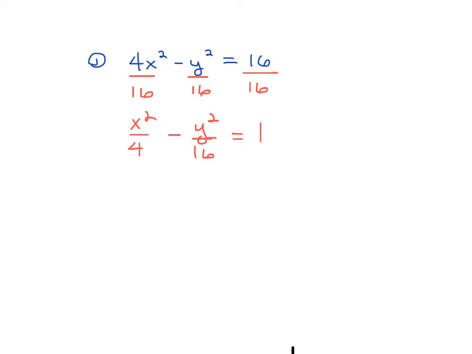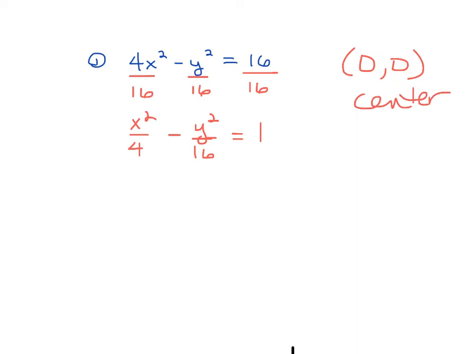I'm going to find the center. I'm going to also find my a squared value and my b squared value. So again, when there is no h and k, when there's nothing being added or subtracted to your x and your y, the center is going to be at the origin. So my center point is at 0, 0.